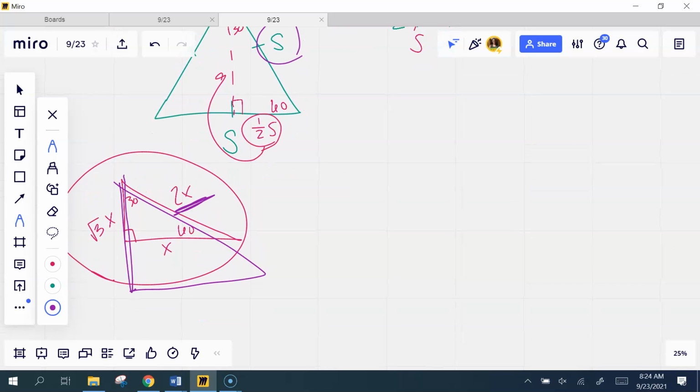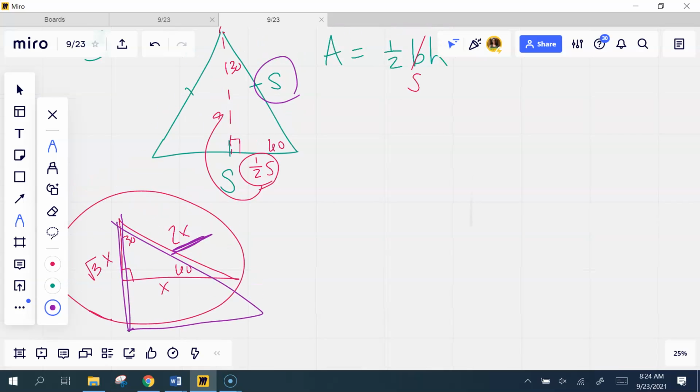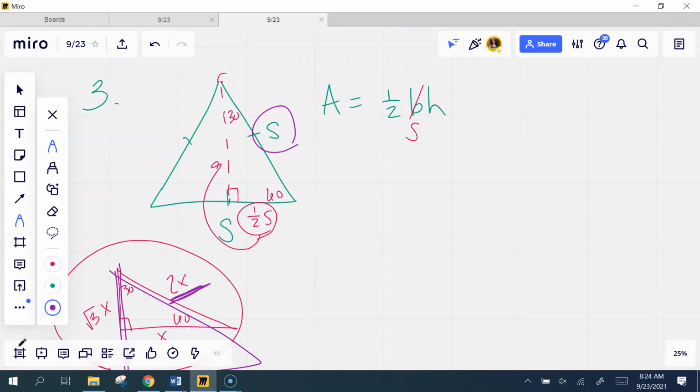The shortest side is across from the smallest angle. So in the original problem, the bottom is the long leg. Across from the smallest angle is the smallest side. Think about it like a hinge.